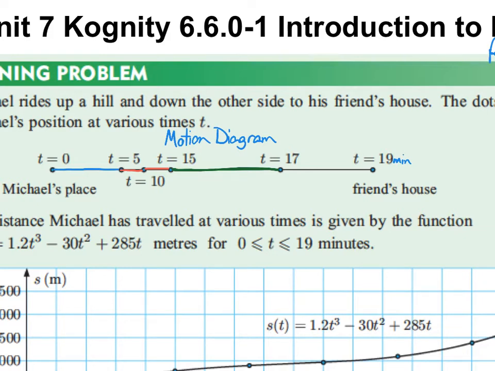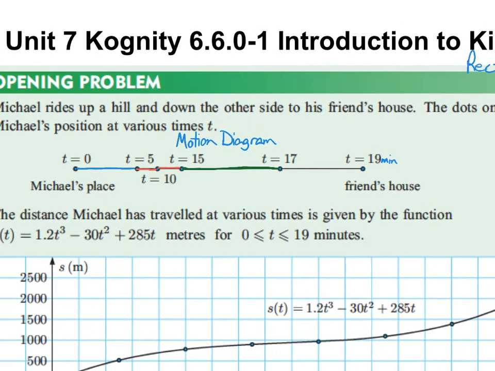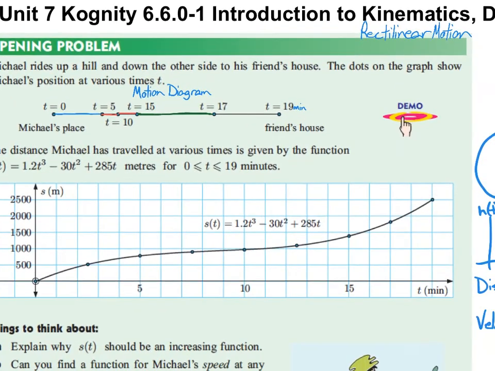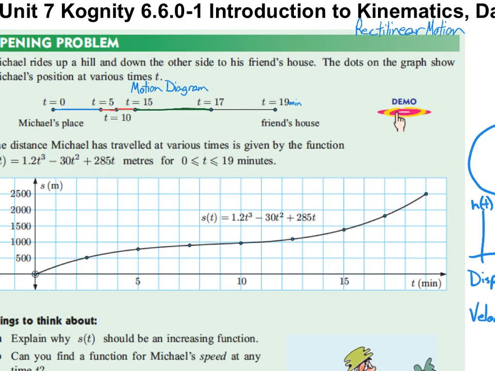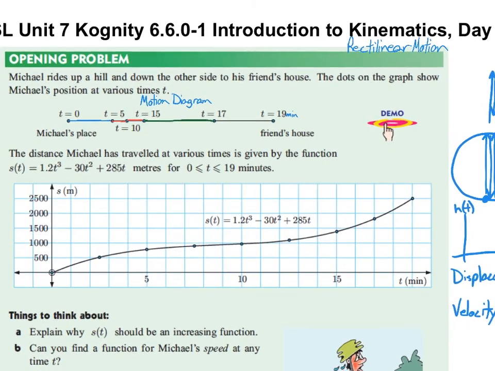Now, we can model this a number of different ways using this motion diagram, or you'll see the graph that we have here that represents our time as the independent variable. And notice S as the dependent variable. S is in meters.